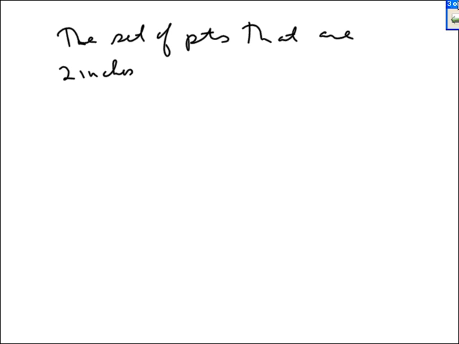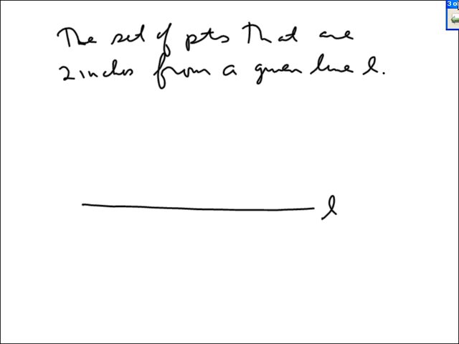For example, this set of points that are 2 inches from a given line L. So here is the given line L. Which points, if any, are 2 inches from this line?